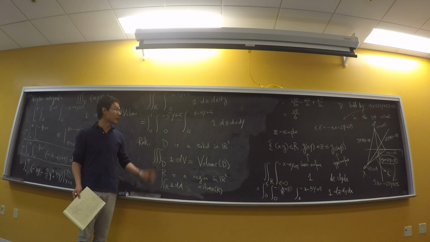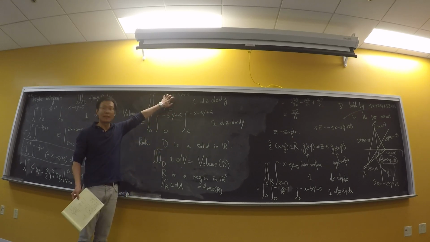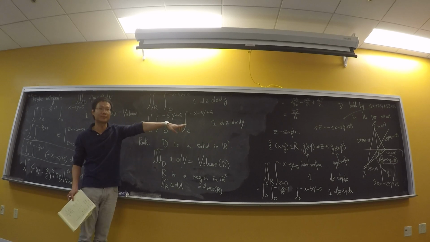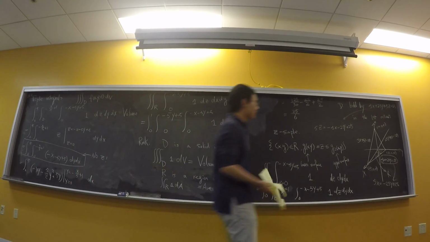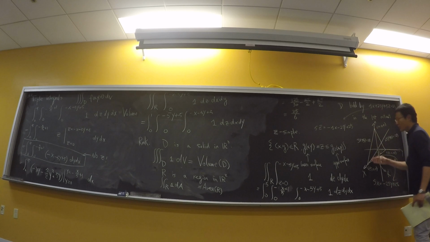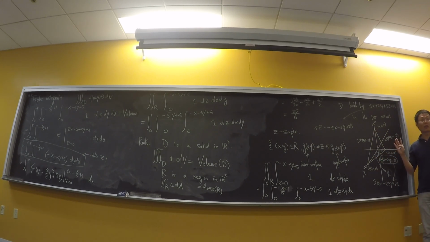But before we go there, I'm looking at this Z simple region identification of this solid. Instead of identifying this region as a Z simple region, I can also go X simple in the space, or Y simple in the space. I'll explain what I mean.